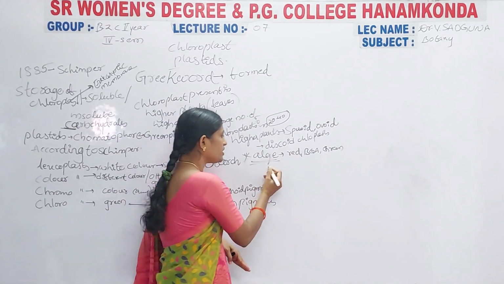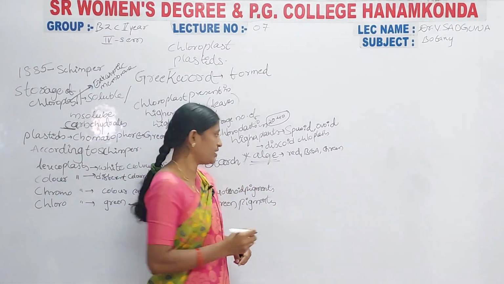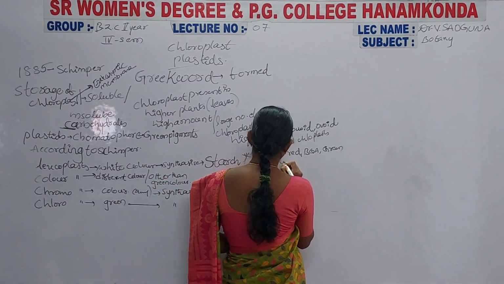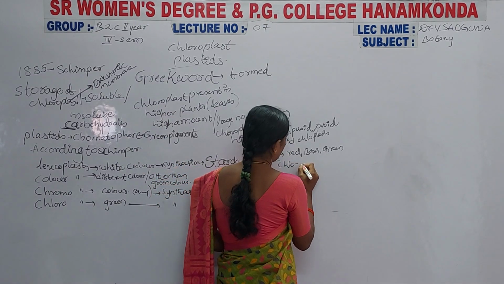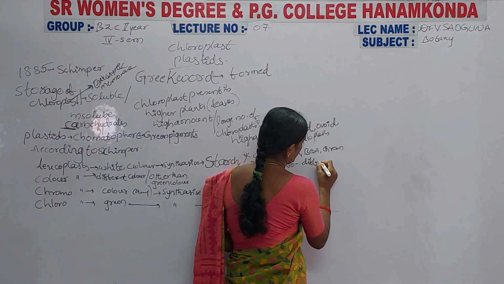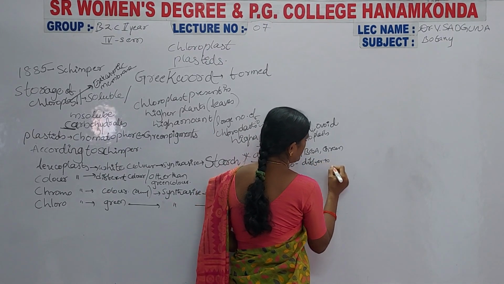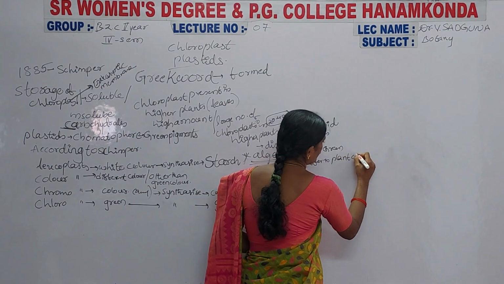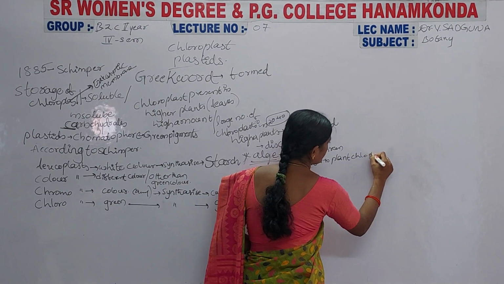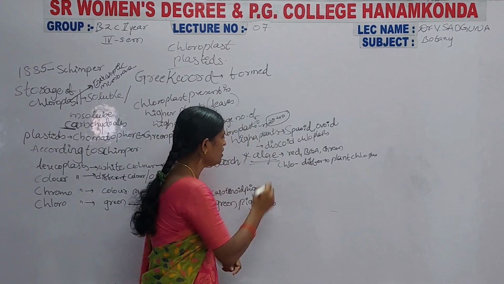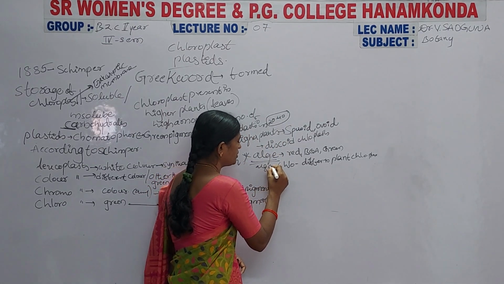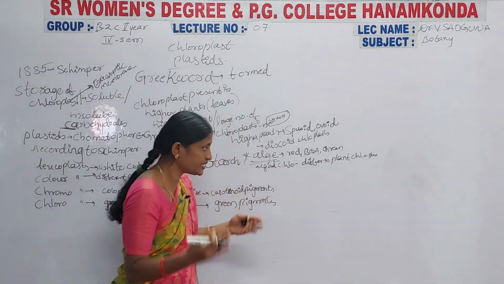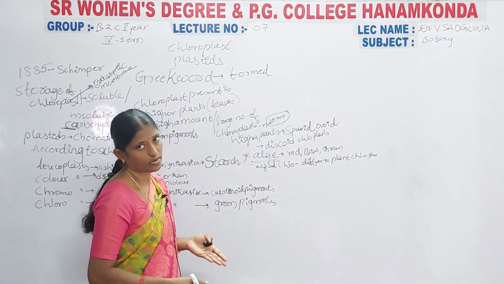So the algal chloroplast differs from the plant chloroplast.